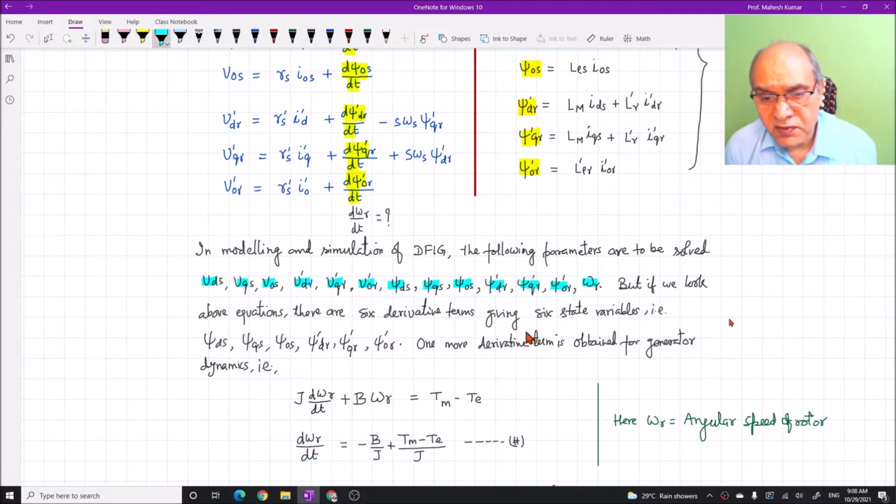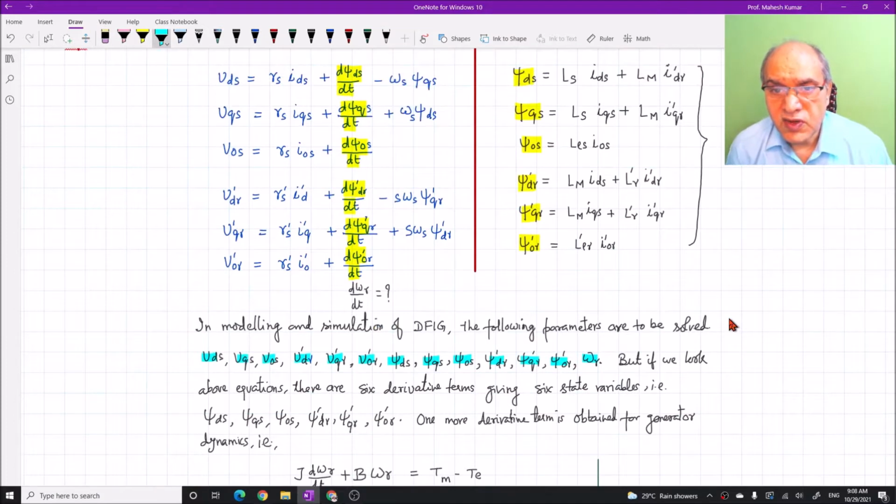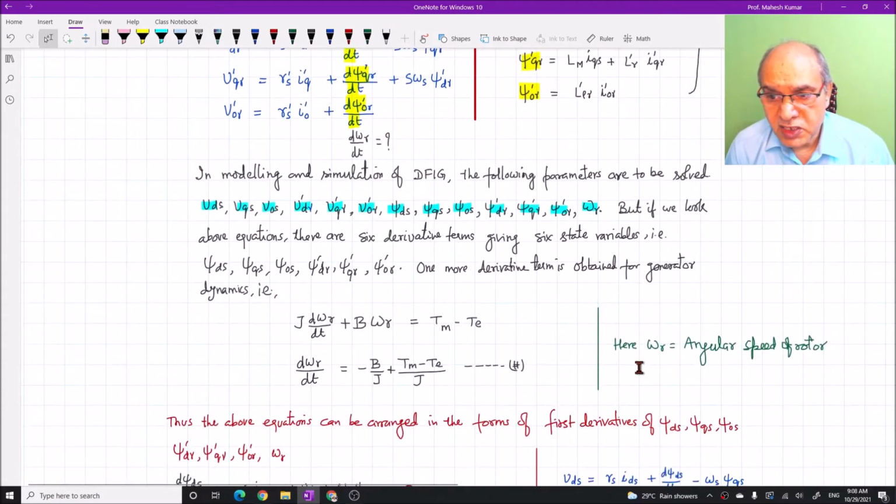Actually the first derivative in either flux linkages or current is fine. Later on we can solve for voltages because they are related. There are 6 derivative terms in these equations, that is fine, we can solve for them in the form of the state space model. And the 7th equation comes from the dynamics of the generator.